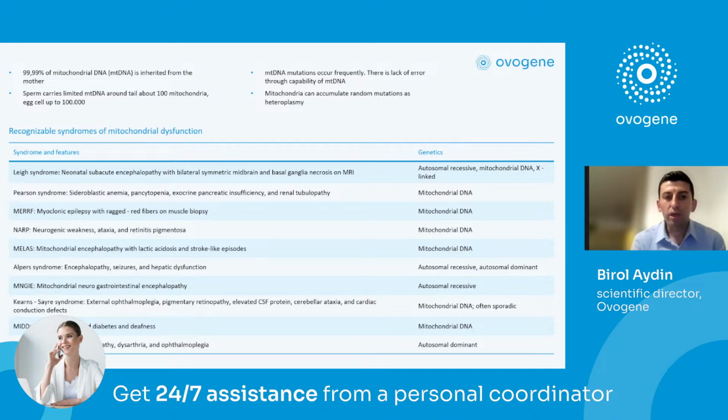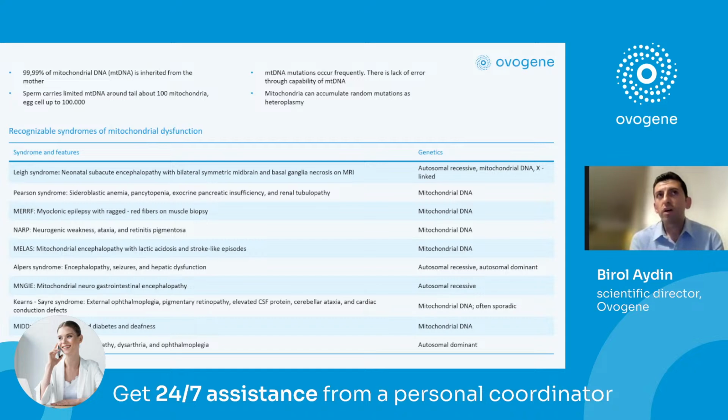But our topic here: when we started to work with mitochondrial transfer, we targeted mitochondrial mutations and mitochondrial disease. Then we found that those patients had already waited a long time to achieve a baby, so they were already of advanced maternal age.